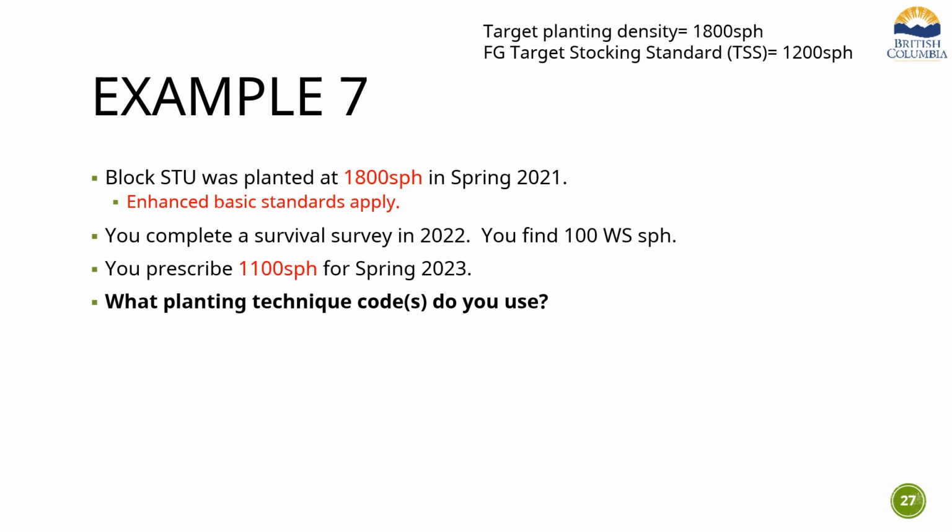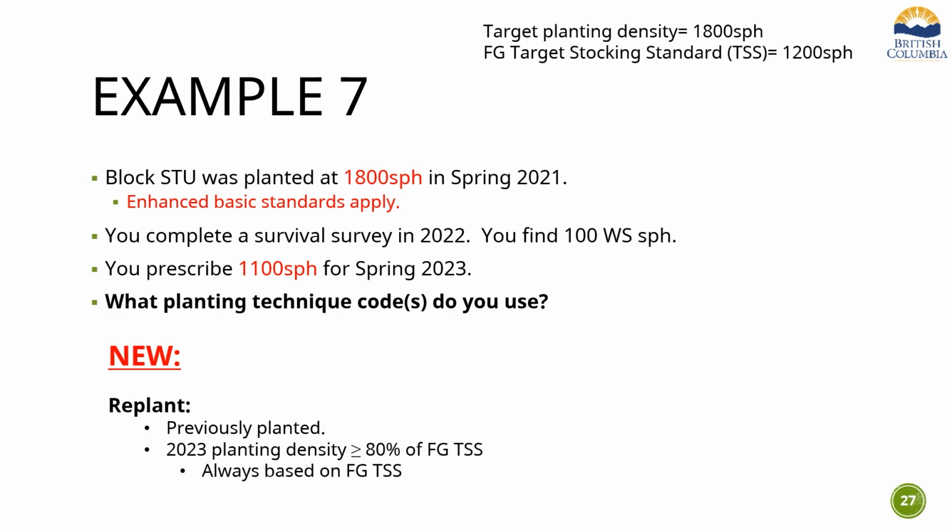Now, if we had divided our planting density by the enhanced basic target planting density, or possibly a regen delay target stocking standard, we would have classified this plant as a fill plant instead. So it's important to remember that these technique code definitions use the free growing target stocking standard.